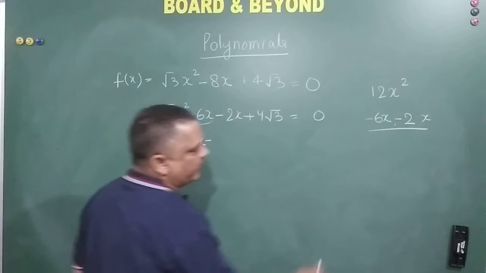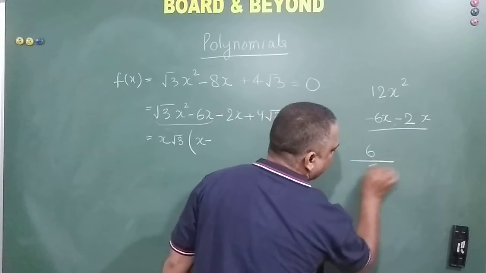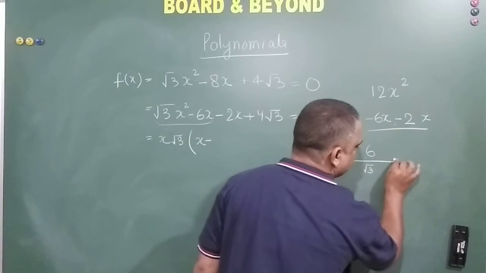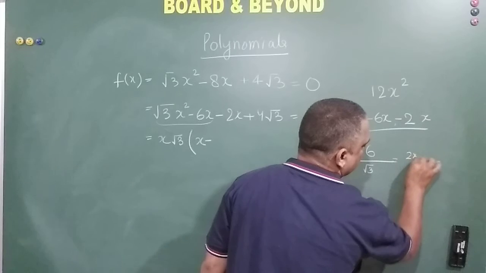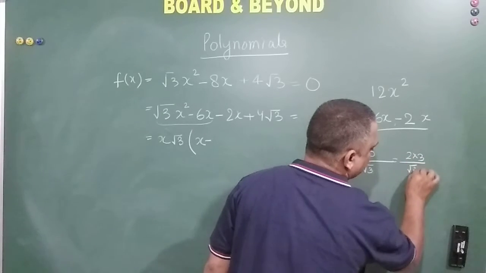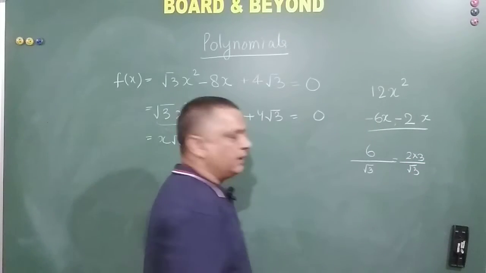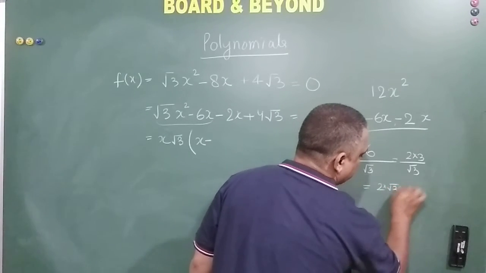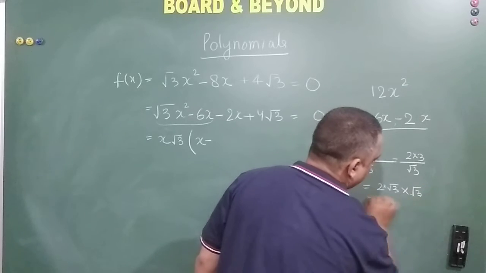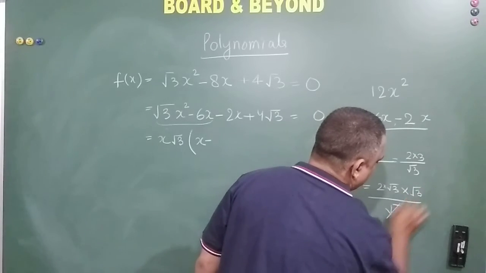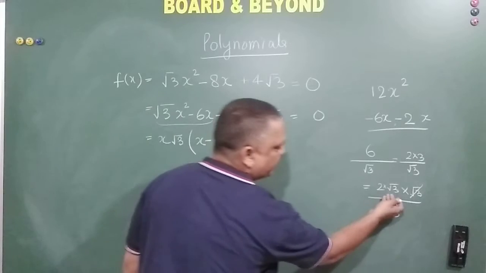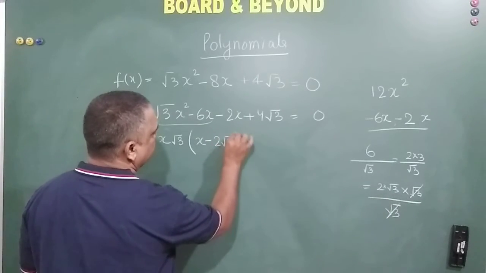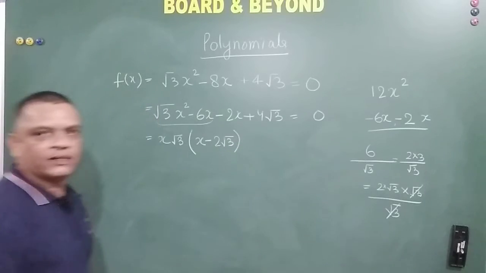Can this be written as 2 into 3 by root 3? Right? Can this be written as 2 into root 3 into root 3 divided by root 3? Now this and this cancel. You are left with 2 root 3. You are getting my point?